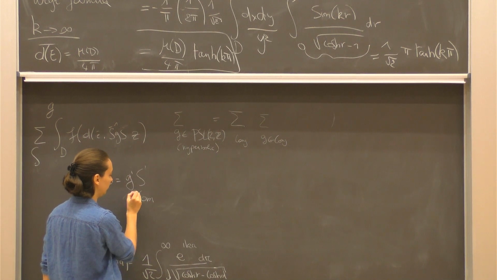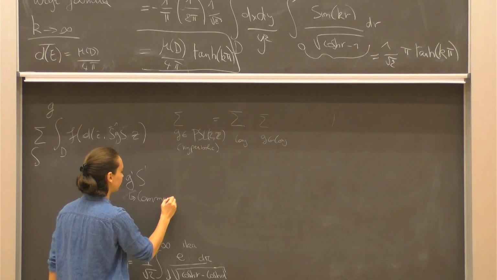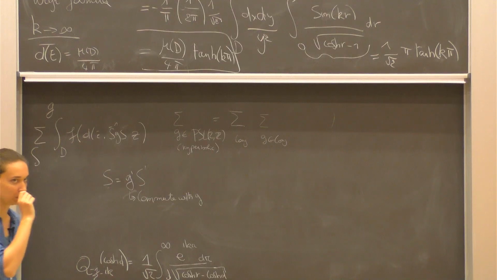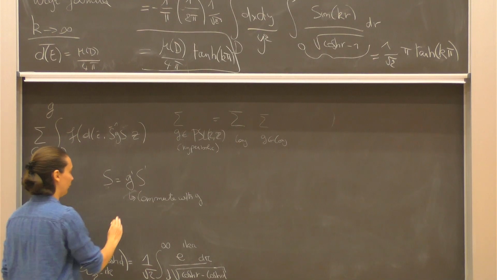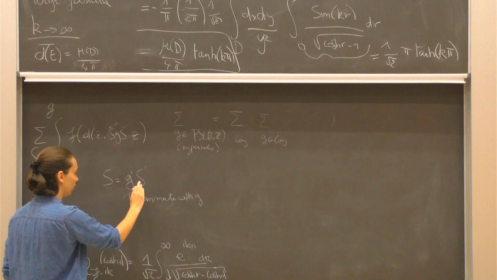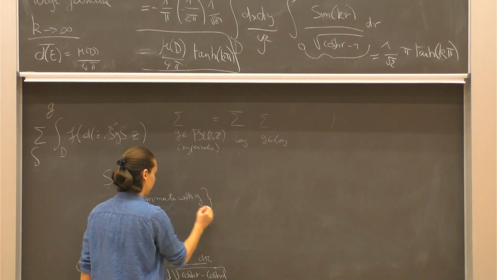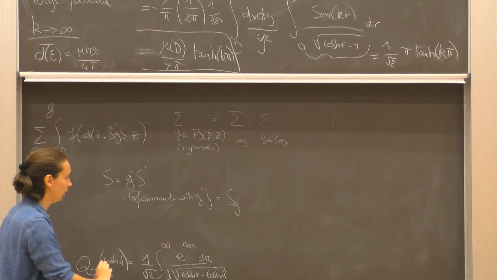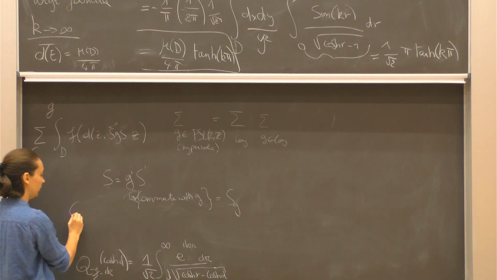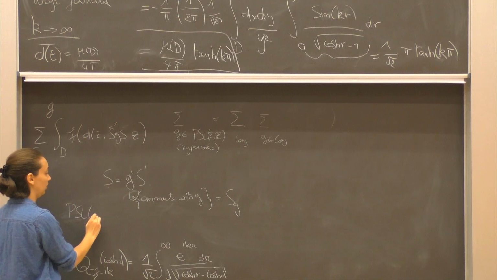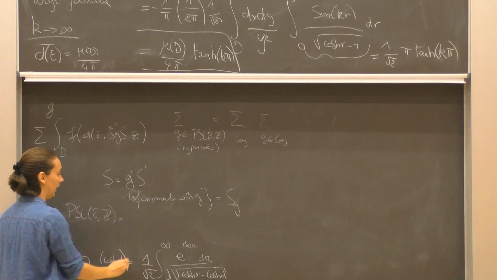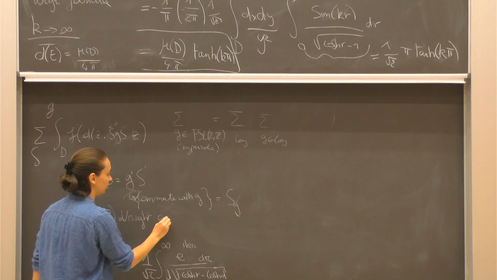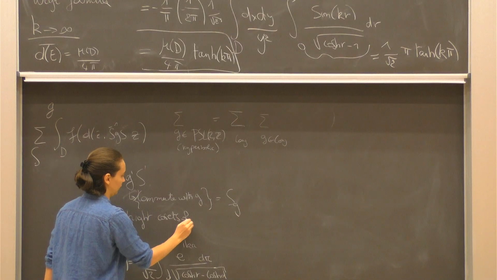So we have to consider the set of all such elements, let's call it SG, all the matrices that commute with G. We want to consider the group PSL2Z as the union of the right cosets of SG.